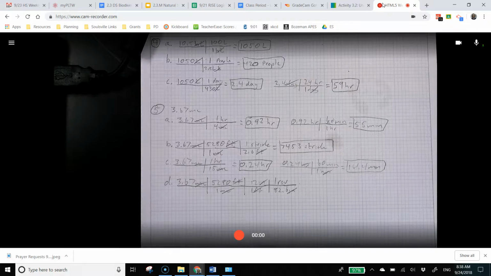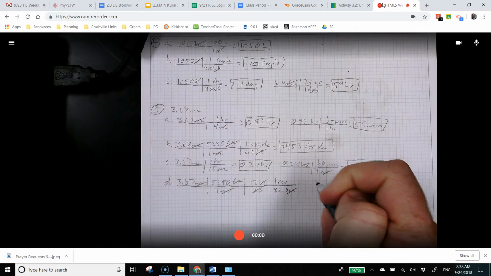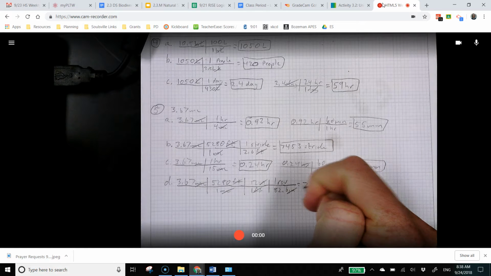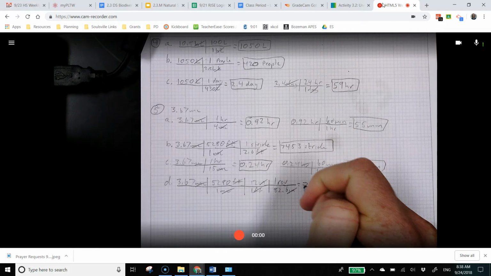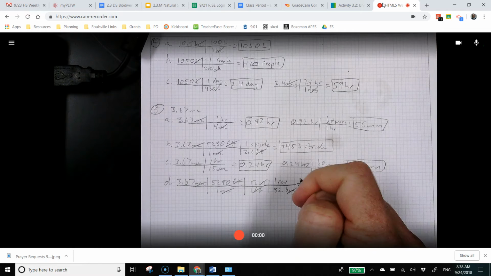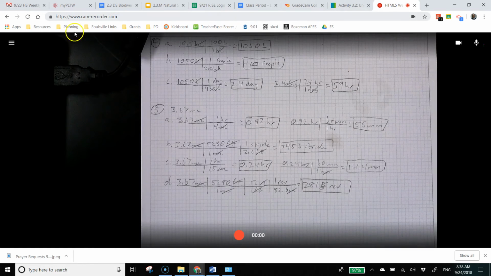So I will say 3.67 times 5,280 times 12 divided by 82.6 gave me an answer of 2,815, if I can write 15 correctly, revolutions, and that's my answer. And that is how you complete step 5.